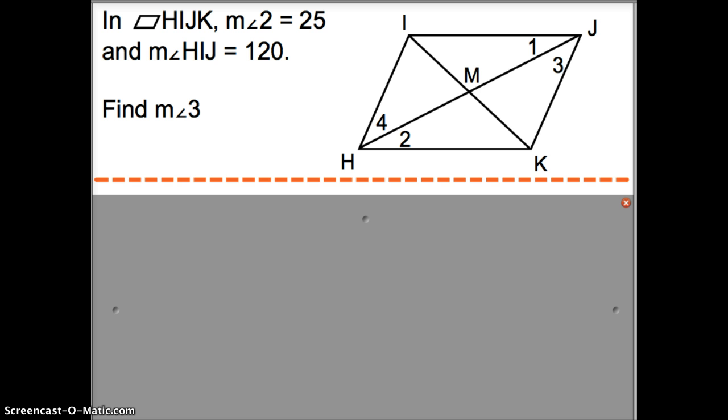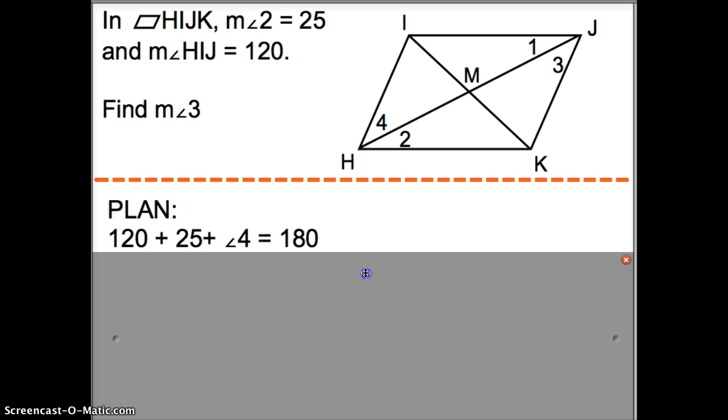Letter B, finding the measure of angle 3. We know that the measure of angle 2 is 25 and the measure of angle HIJ is 120. We could use some type of property that we've learned.